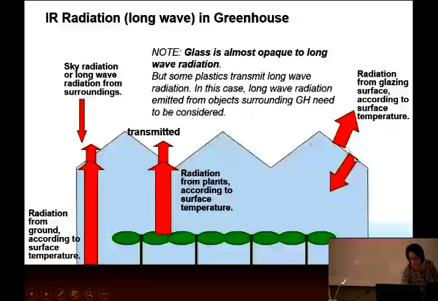And also the glass surface or plastic surface has a temperature different from sky radiation. According to the emissivity of that material, long wave radiation is emitted both ways. Okay, so that's a sort of balance. And then, sky radiation, right?